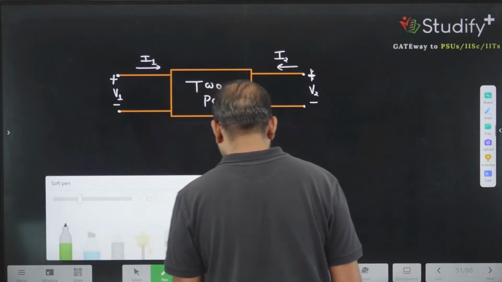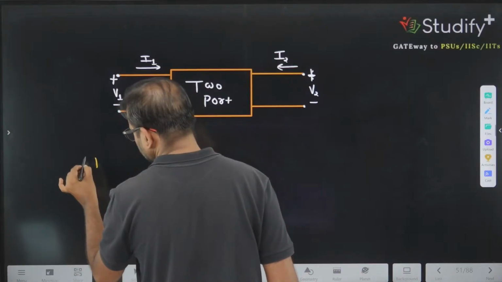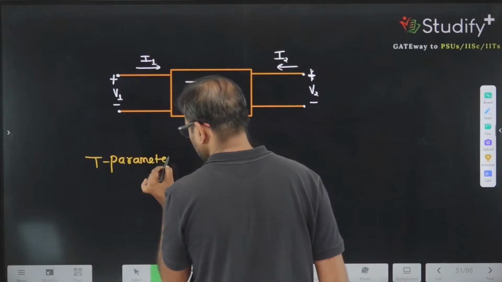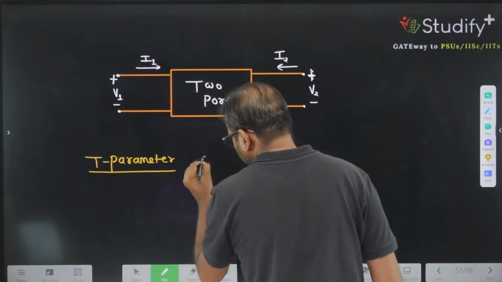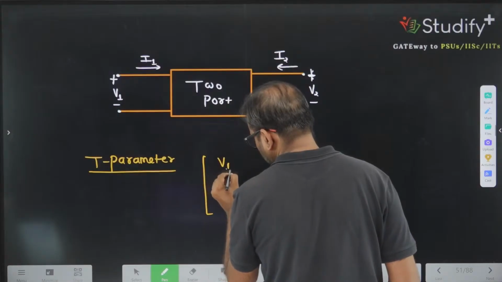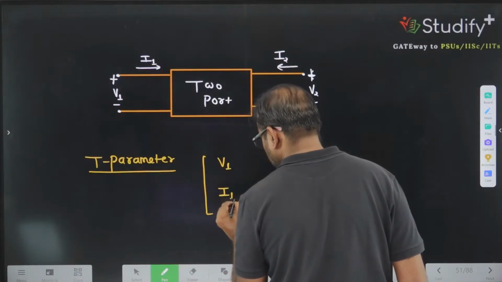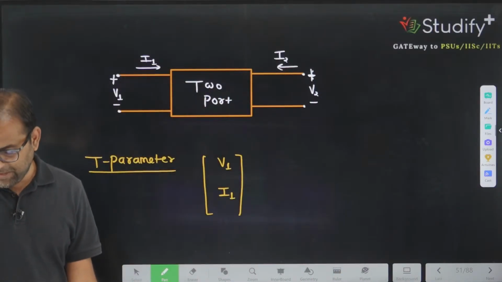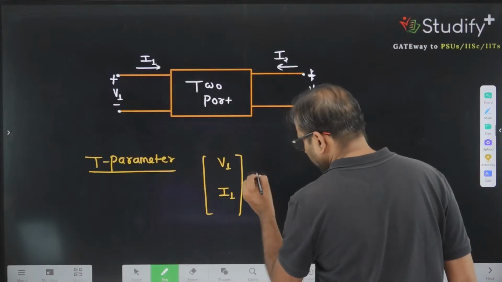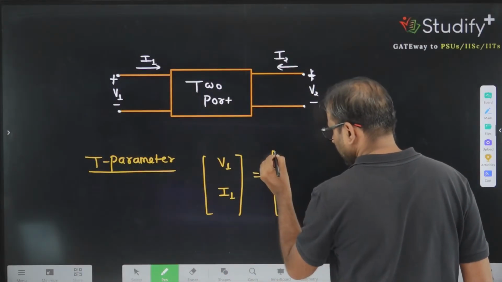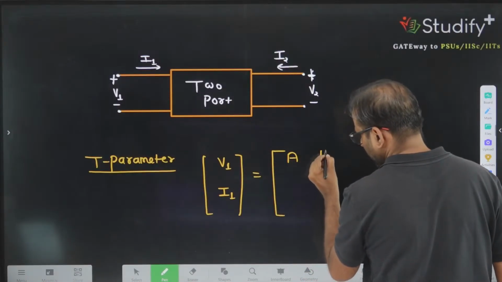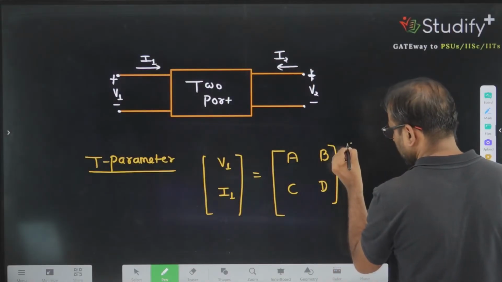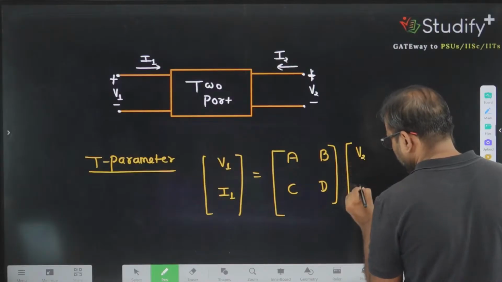How can we define the T parameter? V1 and I1 are defined as the matrix A, B, C, D times V2 and minus I2.